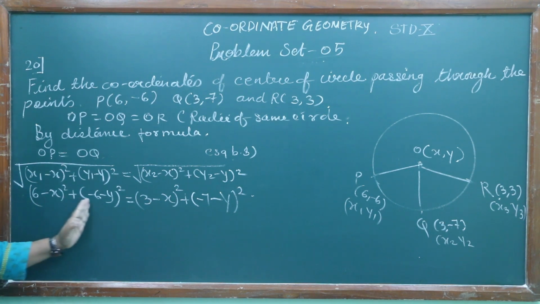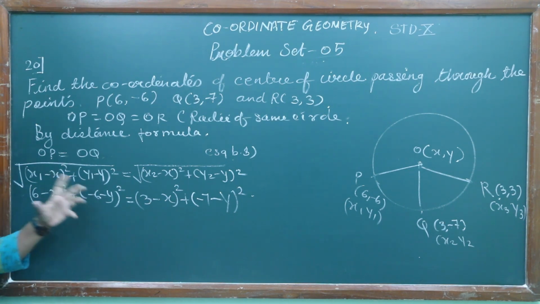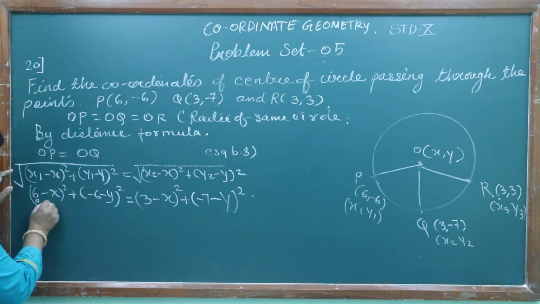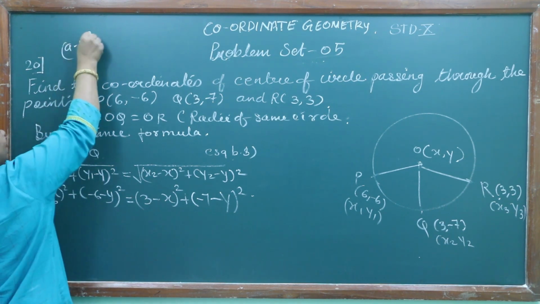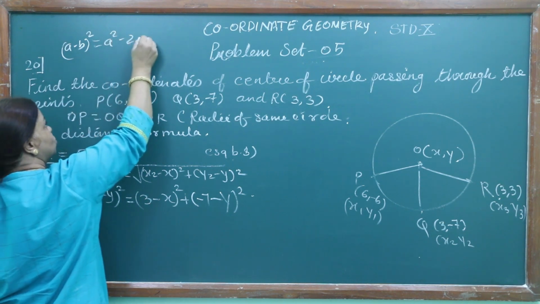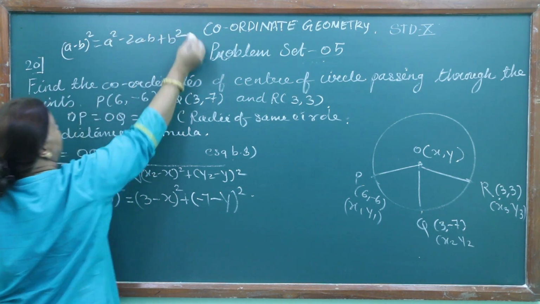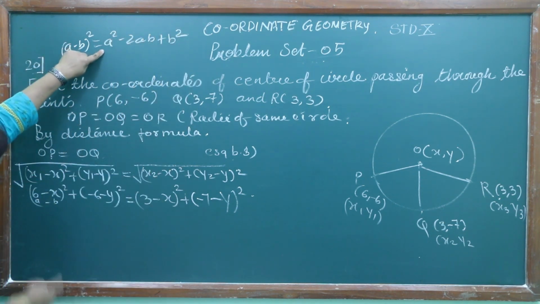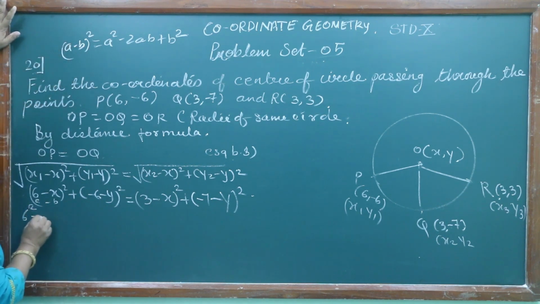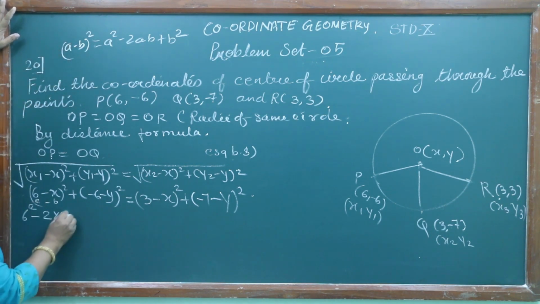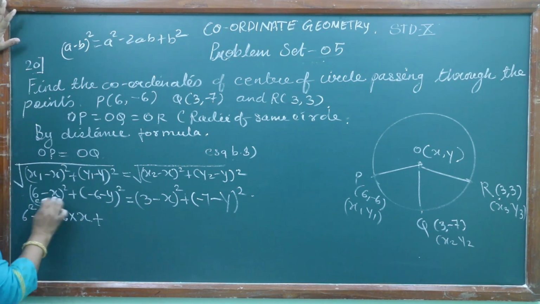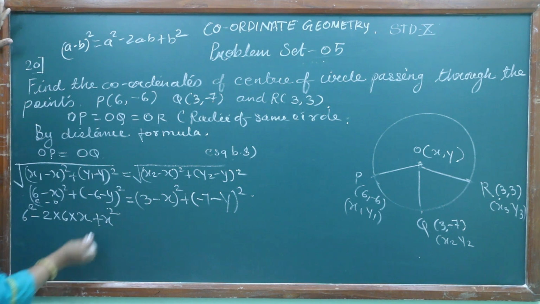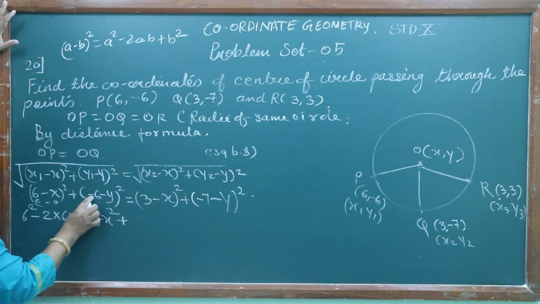Now we have to open it with the (a minus b) the whole square formula. This is a, this is b. The (a minus b) the whole square formula, children, you must be knowing it now very well: a square minus 2ab plus b square. So let me write a square as what? 6 square minus 2 into a means 6, into b means x, plus x square, plus minus 6.